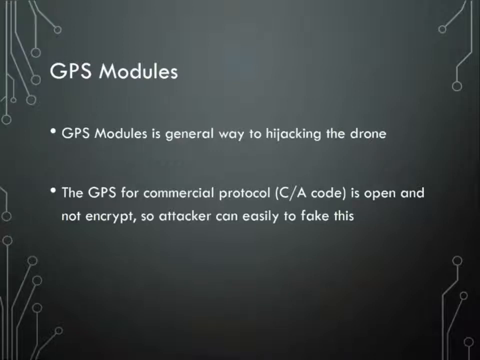The GPS protocol, if used for commercial, is not encrypted. It's called C/A code. It's for commercial. They have another GPS protocol called P code. P code is for military, so normal commercial users cannot use this encrypted channel.